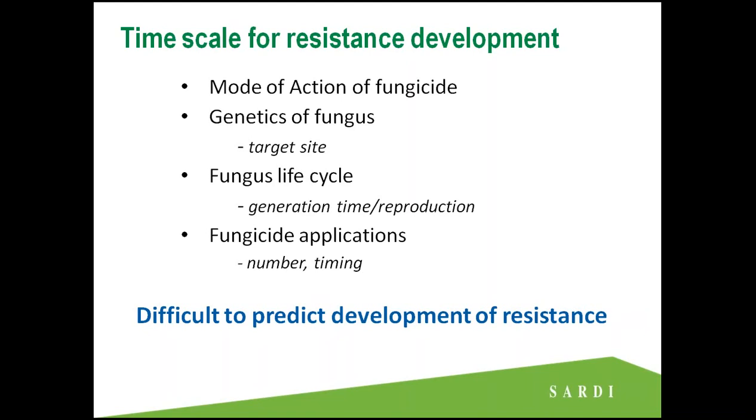It's how quickly the fungus can regenerate, how well it survives, those sorts of things also affect the development of resistance. And the fungicide applications, the number and the timing. If fungicides are applied more frequently, then you are exposing that resistant population to that fungicide, so you're going to get a faster build-up of resistance than if you apply fungicides less frequently.